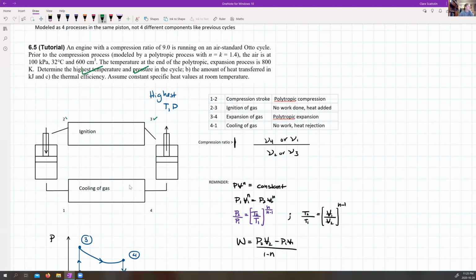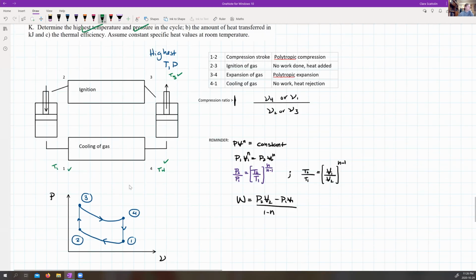T1, yes, in the question I had T1, and I have T4, which was known. T3, I calculated it. And I'm missing T2. So I'm going to use the compression stroke, and I'm going to calculate my T2.